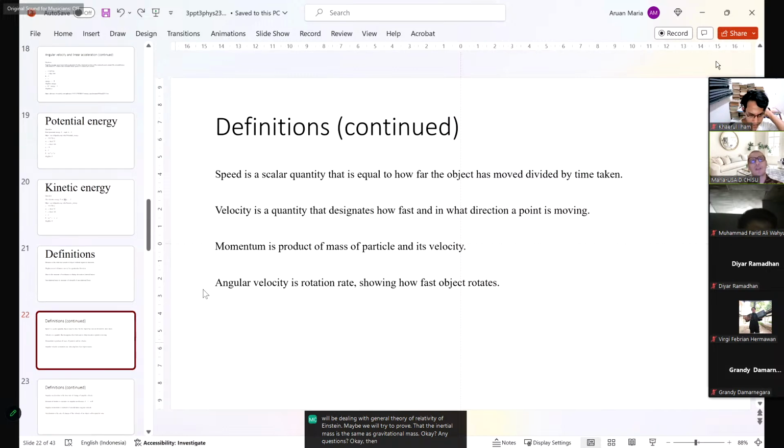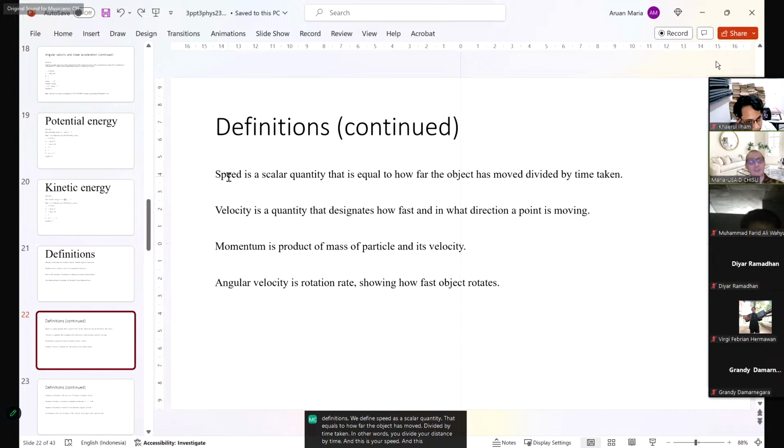Okay, the next slide. We continue with definitions. We define speed as a scalar quantity that equals how far the object has moved divided by time taken. In other words, you divide your distance by time, and this is your speed.